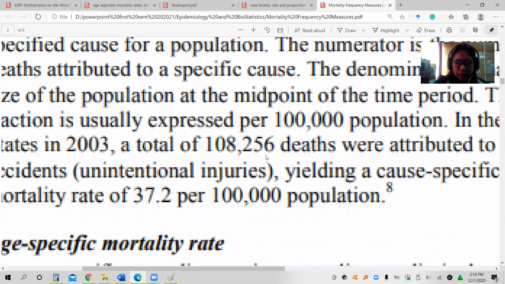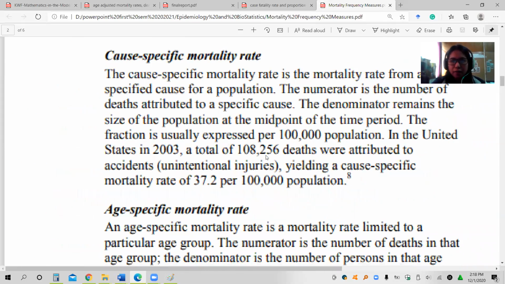So for example, in this data, we have 108,256 deaths attributed to accidents.